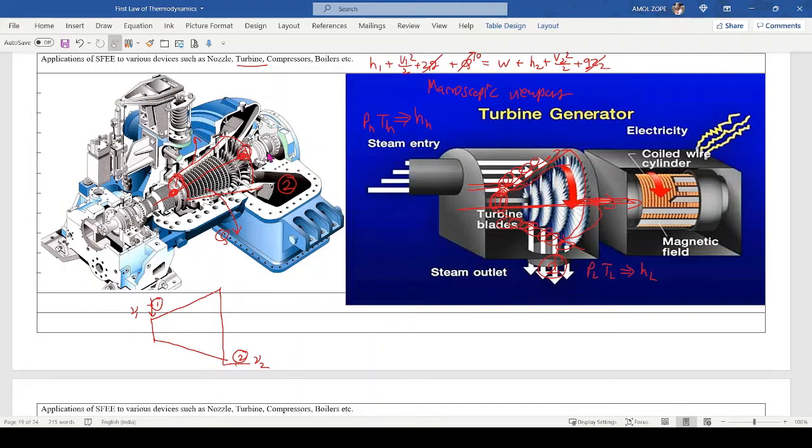Now velocity. Here there is a certain pressure, temperature and enthalpy. So there is a certain velocity, no doubt, and that steam will come out. So at the inlet and outlet, there will be the continuity equation: rho A1 V1 is equal to rho A2 V2.